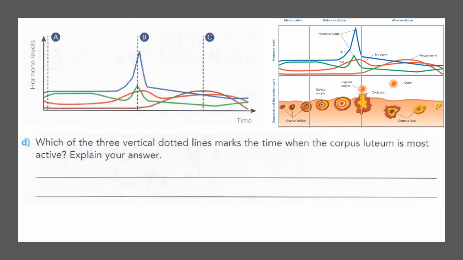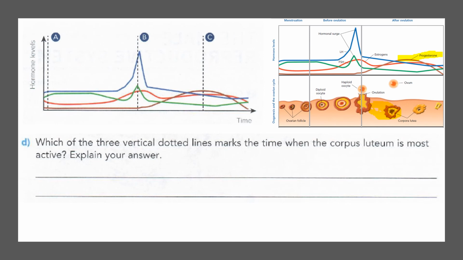And last one for this one. Which one of the 3 vertical dot lines marks the time when the corpus luteum is most active? So corpus luteum active is usually here. See? It's the most active. And here we can see the highest level of progesterone because corpus luteum produces this progesterone.